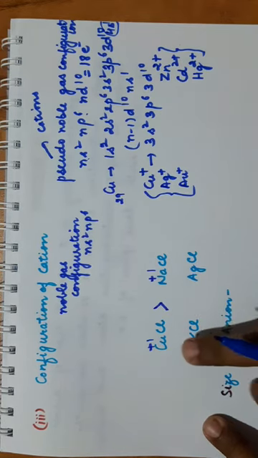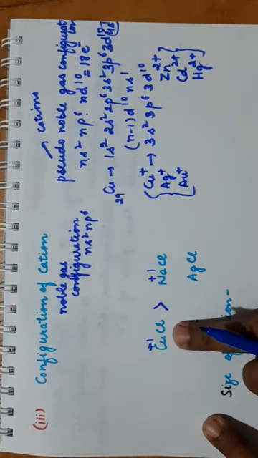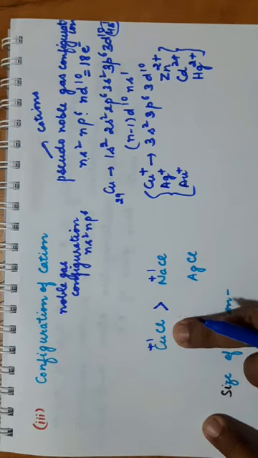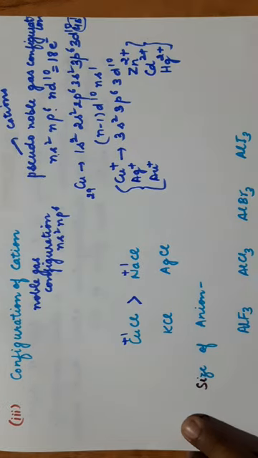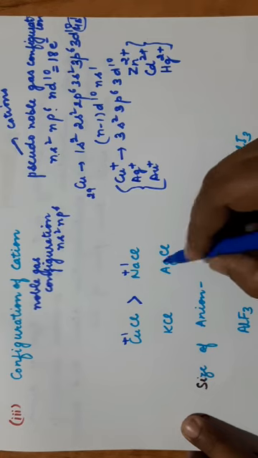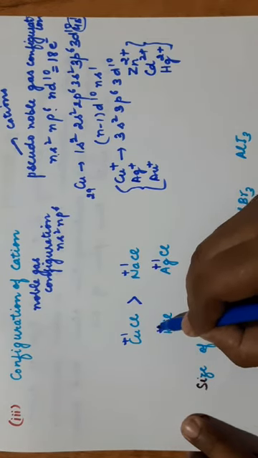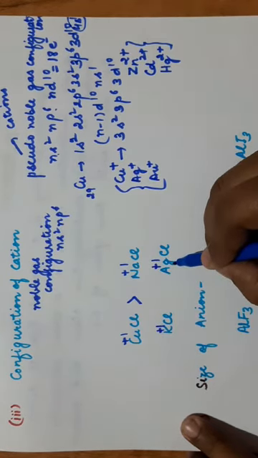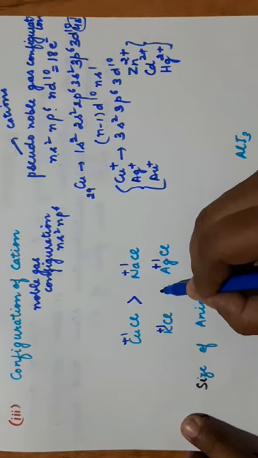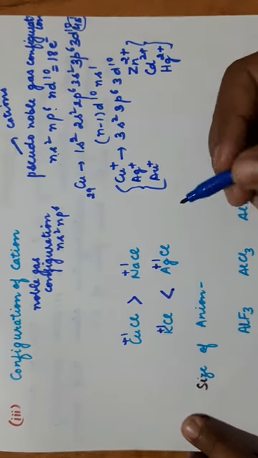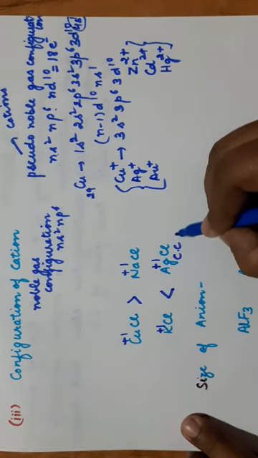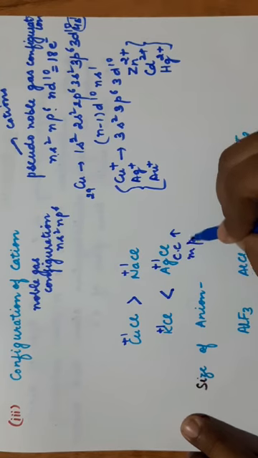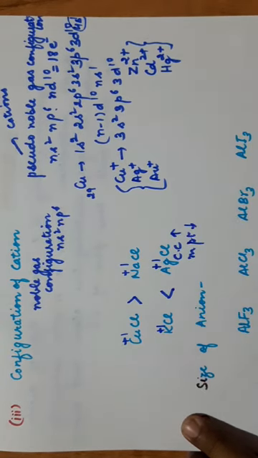So cations having pseudo noble gas configuration have more polarizing power as compared to cations having noble gas configuration, and they have more covalent character. Similarly, KCl and AgCl both have the same charge, but since Ag+ has pseudo noble gas configuration, it will have higher polarizing power and so more covalent character. So this is the arrangement of covalent character. Since covalent character is high in AgCl, melting point will be lower as compared to KCl.